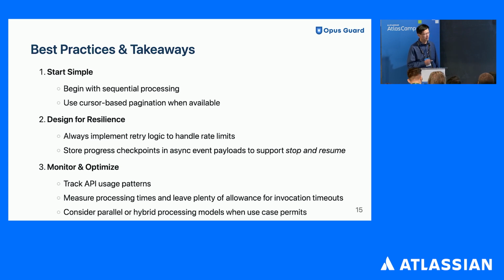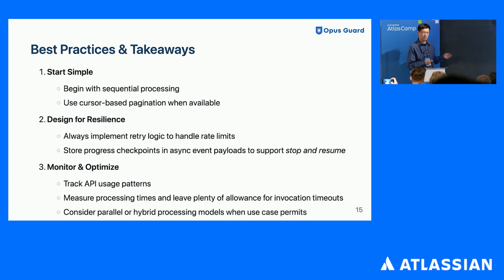Some best practices and takeaways, I'm extending my time, but my suggestion is really start simple. Don't bother with what model or how much complexity you want to go for to squeeze out the performance. Start simple first with the sequential processing, then identify what you can spin off into a separate data processing handler, and make sure you have all the metrics to monitor the performance and the rate limit.